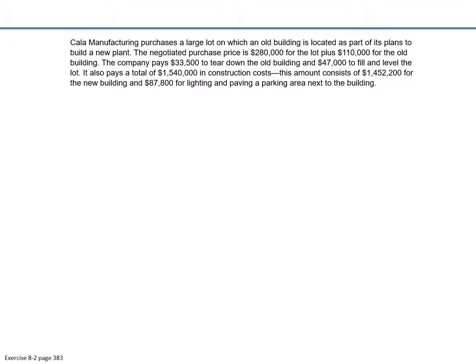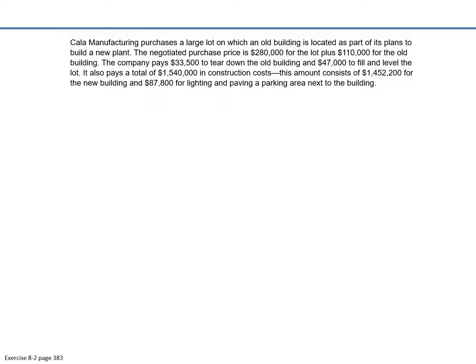Moving on to exercise 8.2. Kayla Manufacturing purchased a lot on which an old building is located as part of its plans to build a new plant. They negotiated the purchase price for $280,000 for the lot plus $110,000 for the old building. They intend to tear down the old building and fill some of the lot in.